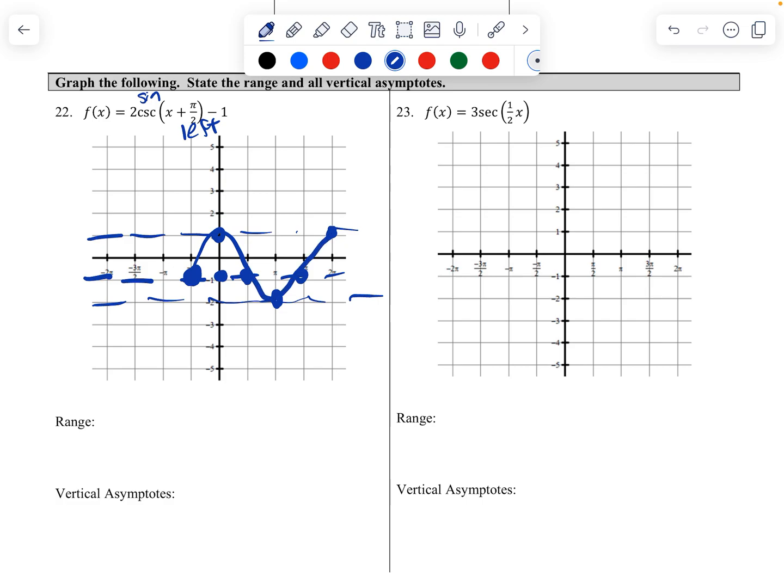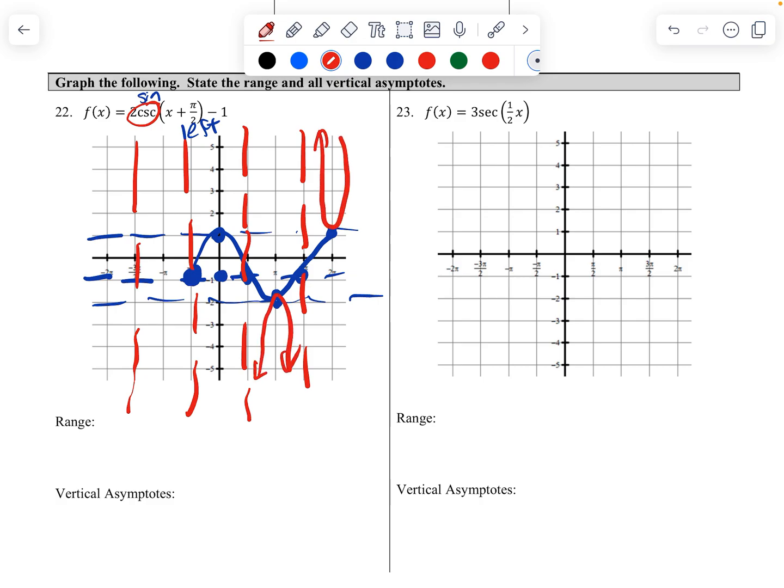So there is our sine graph, but remember we want cosecant. So vertical asymptotes go through the middle. So middle, middle, middle, middle. And remember, then we turn it. So our graph is the one that is in red.